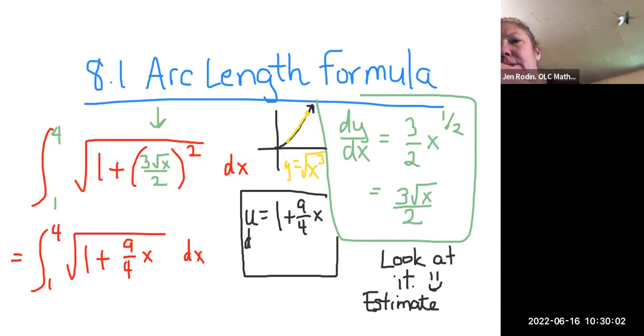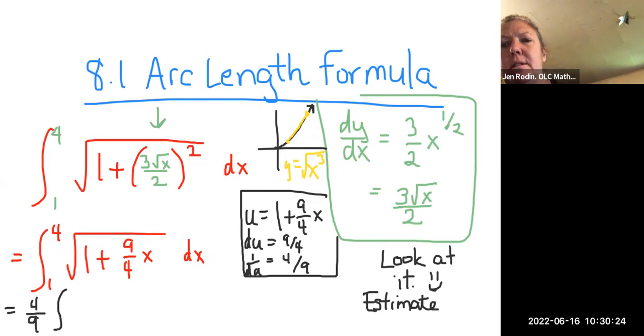Find the derivative of that. It's just going to be 9/4. And then the reciprocal of that is what we have to multiply the front of the integral by to balance it. So that's going to be 4/9. And then we don't know the limits yet.